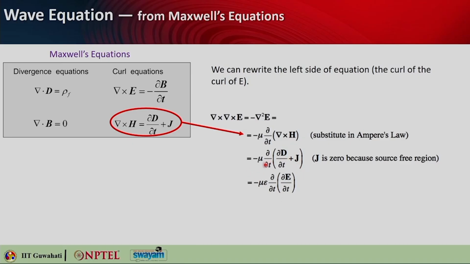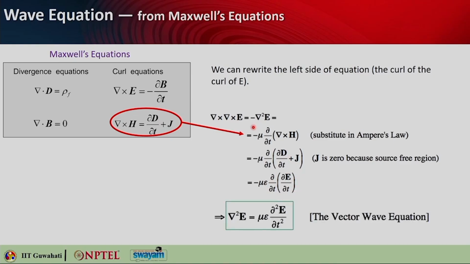You simply have minus mu dou by dou t of dou D by dou t, and D can be written as epsilon E. So once you do that, you have minus del square E equals minus mu epsilon dou square E by dou t square. The minus term you cancel out from both sides, so you simply get this as your vector wave equation.